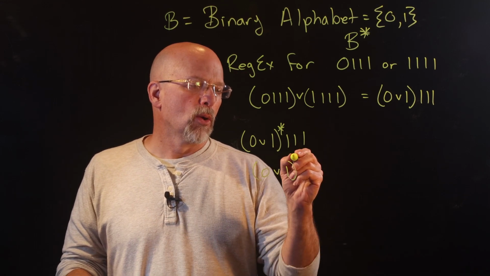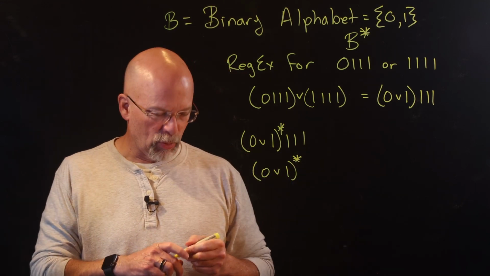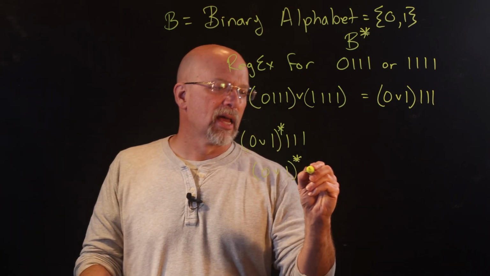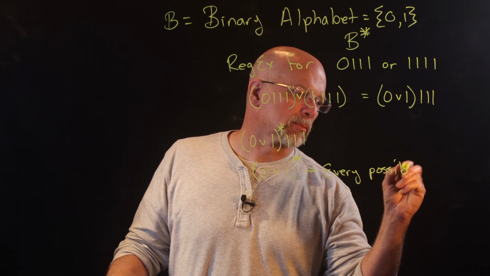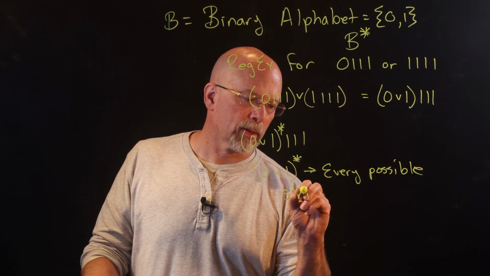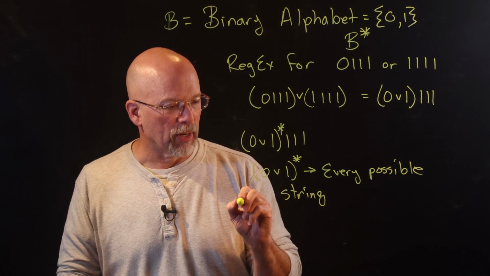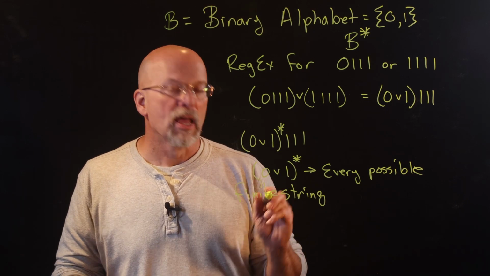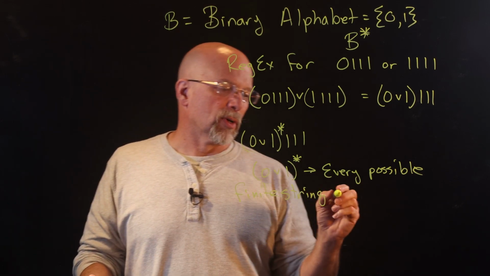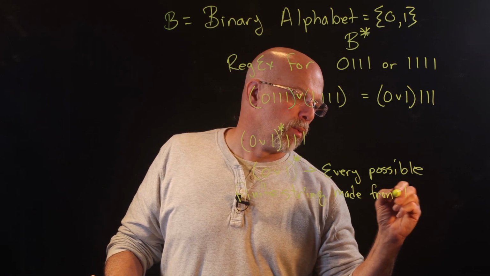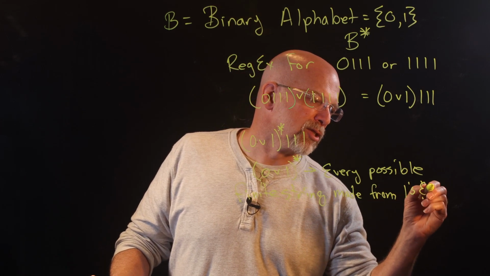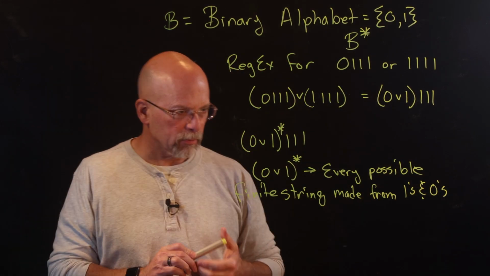this or with the asterisk outside the parentheses, what you're saying is every possible string, finite string, including the empty string, made from ones and zeros. All right?